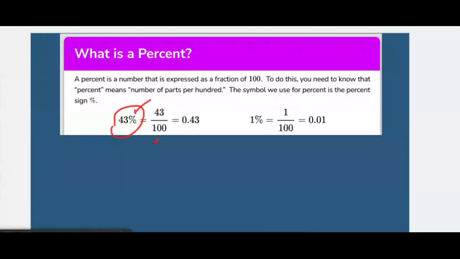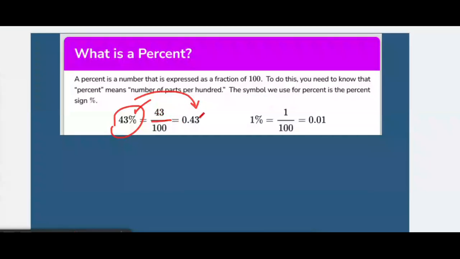So if we find that a number 43% is written, then we can convert it into decimal form. We can remove this percent sign and write over 100. This percent sign means number of parts per 100. Per means over, so we write 100 at the bottom of the fraction.